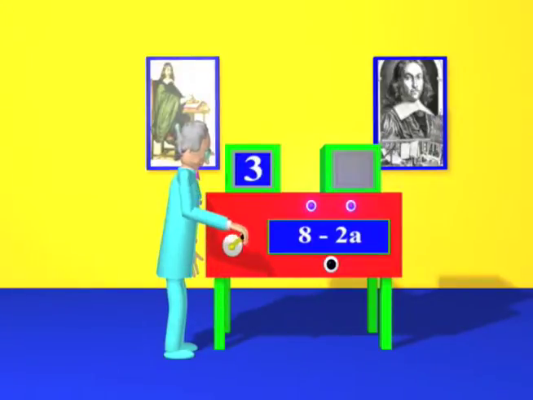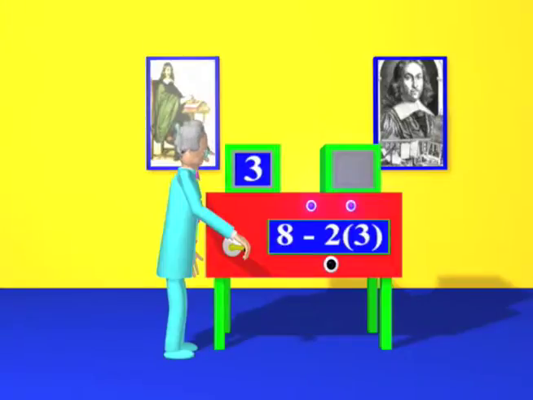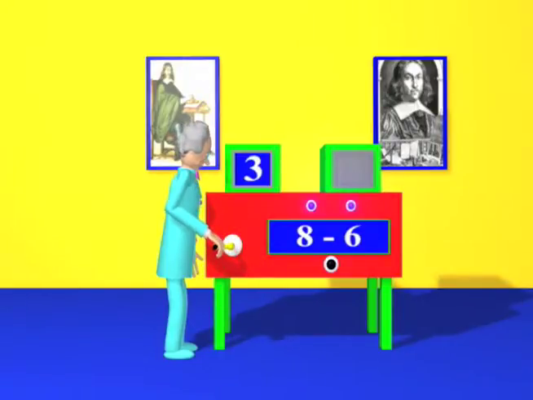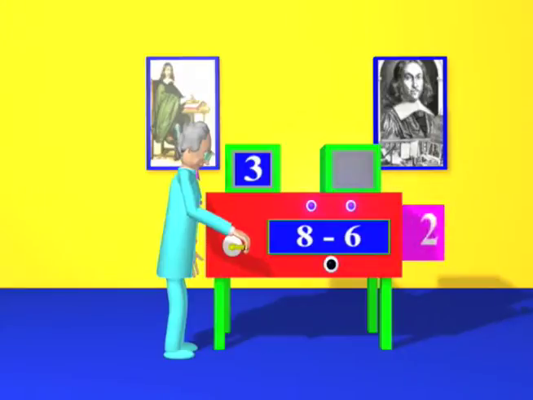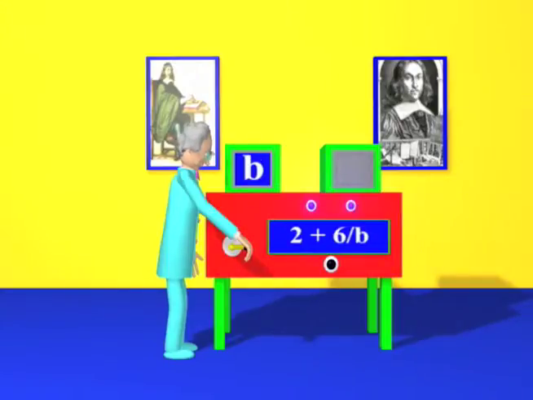A is our variable. We're putting in 3 for a. So we get 8 minus 2 times 3. Turning the crank gives us 8 minus 6. That's not too hard. Let's turn the crank again. 8 minus 6 is 2. Good. That's right.